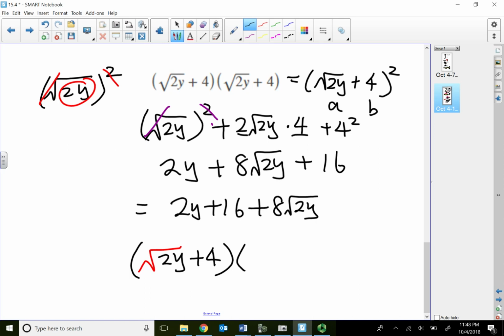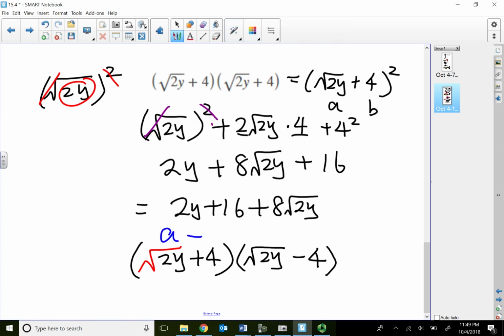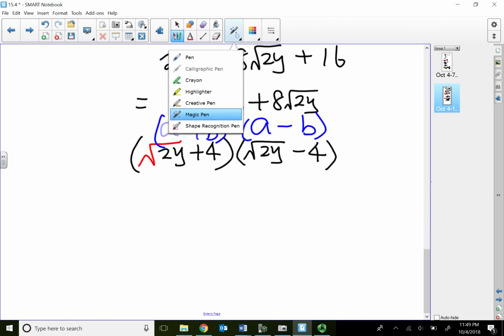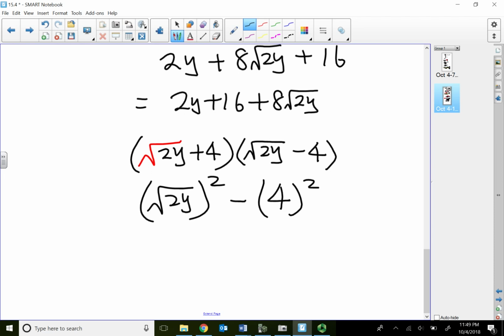If I have square root of 2y plus 4 times square root of 2y minus 4, this looks just like a difference of squares, because here I have a plus b times a minus b. So if you can recognize that this is a difference of squares, then you can simply say your a, which is square root of 2y, whole thing squared, minus your b, whole thing squared.